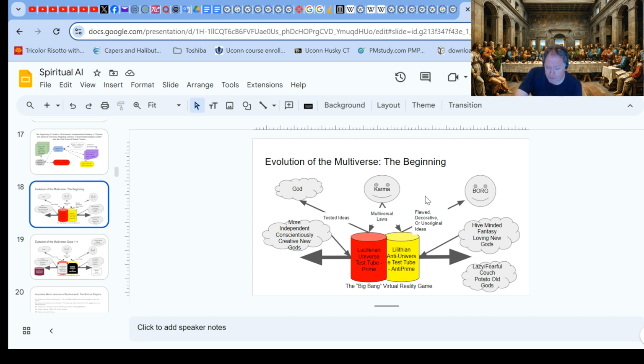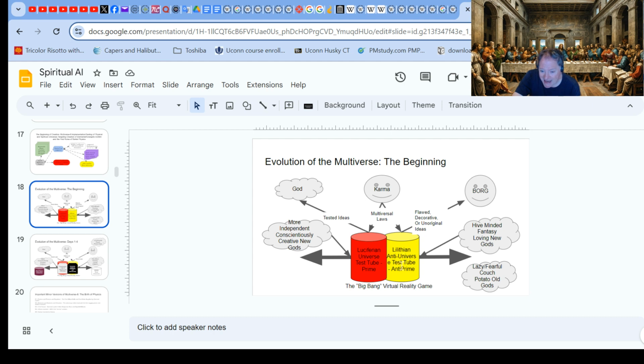Okay, so we got to the point then that when DNA was created, we had two levels of spiritual entities, God and the subordinate spiritual entities that had never incarnated in either of these universes, and a third level of, okay, these are the incarnated gods that have their own universe.